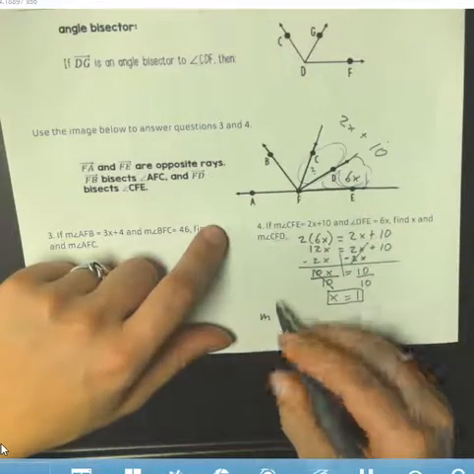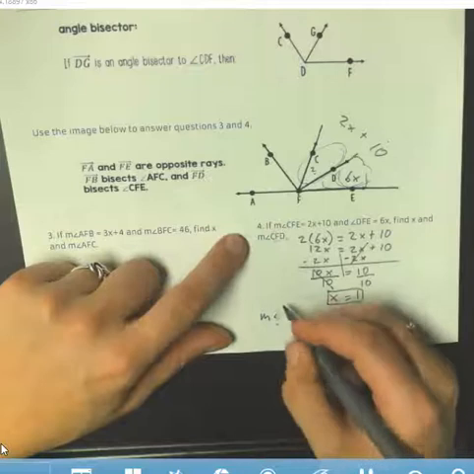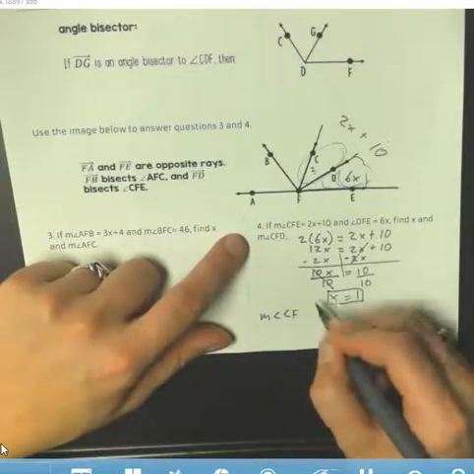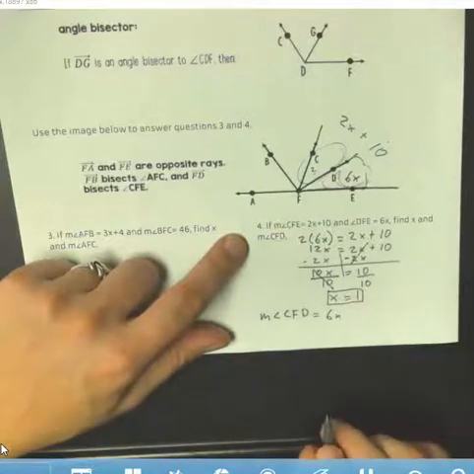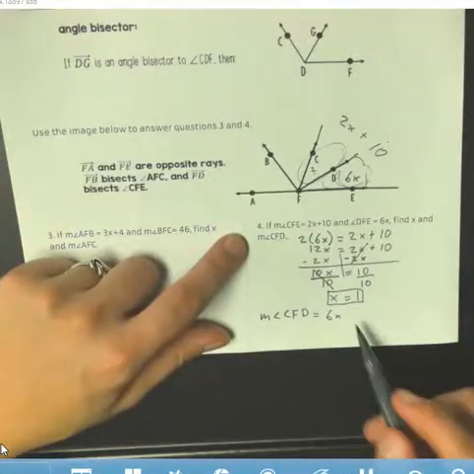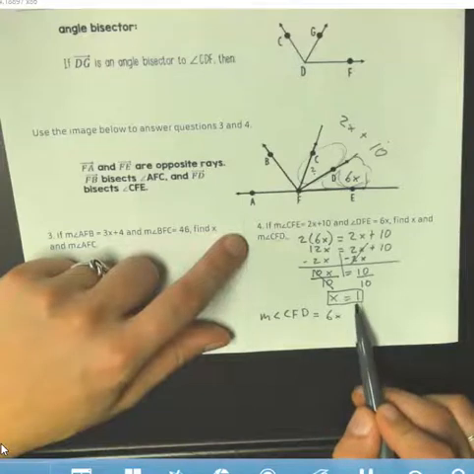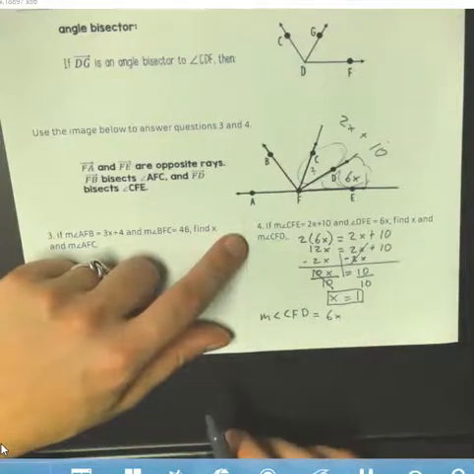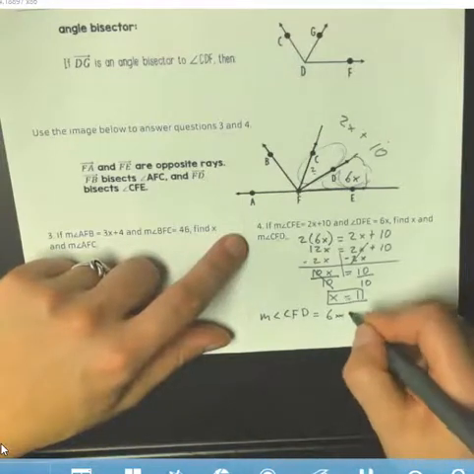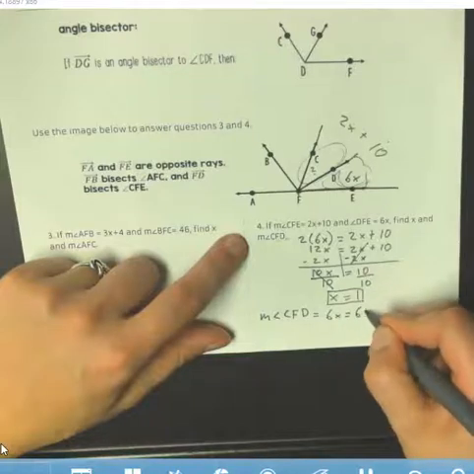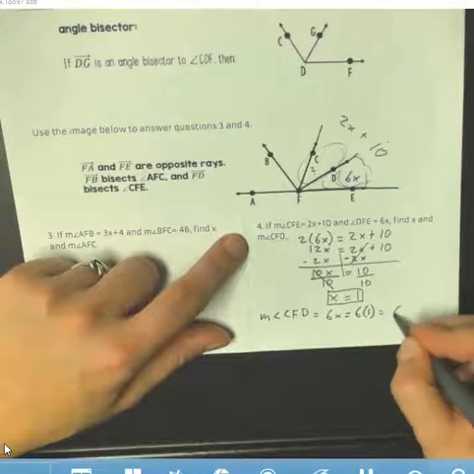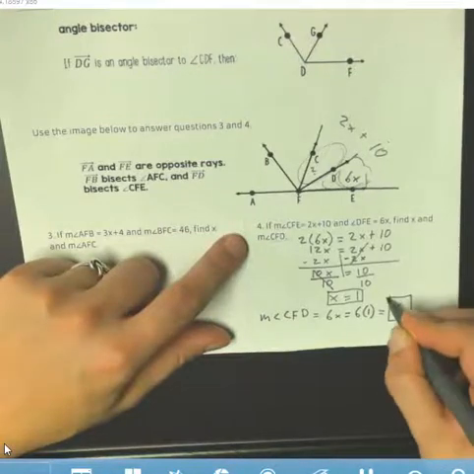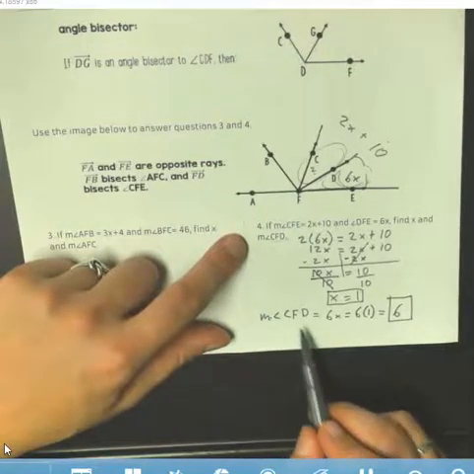So measure of angle CFD equals 6x. Are we done? No, we can actually simplify this more because we know what x is. We know that x is 1. We just substitute that 1 into that x, which is equal to 6 times 1, which is equal to 6. So measure of angle CFD is 6.